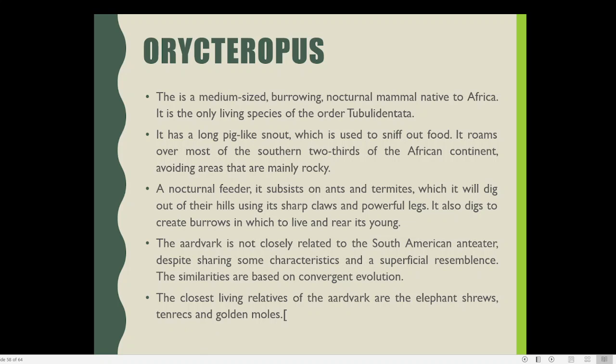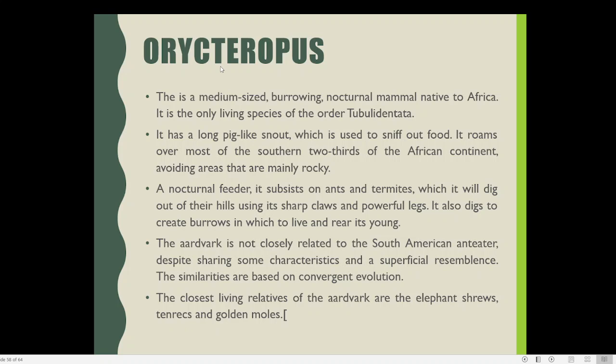It is a very common animal in Africa, so not endangered. It is of least concern, that is, it's very common in different areas of Africa. Then we will see they are able to create burrows, so living in burrows is the nature.